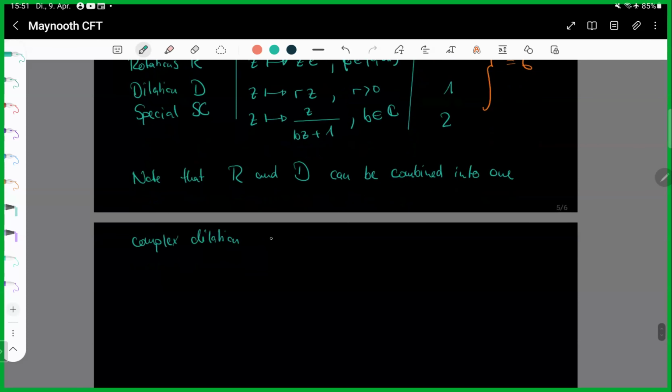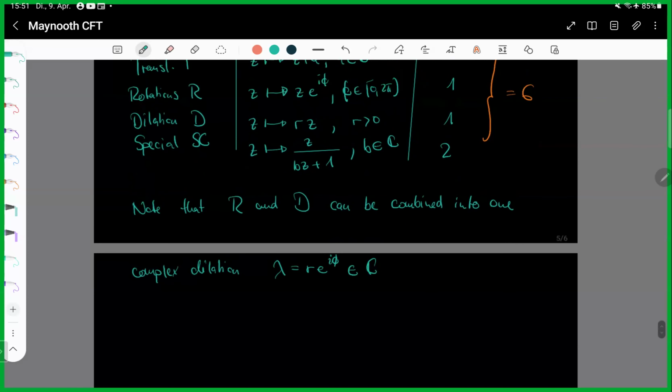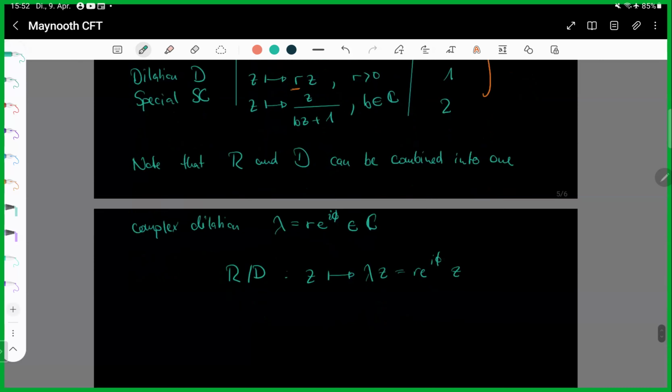That means if I introduce lambda as r times e to the i phi, that's a complex number. And it's just the product of r and e to the i phi, evidently. Then we can write the rotation and the dilation as mapping z into lambda times z. That's just r e to the i phi z, right?